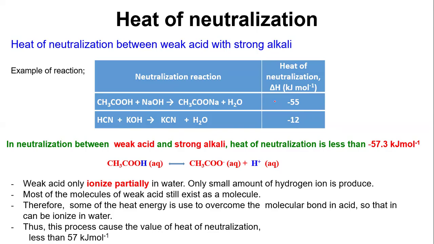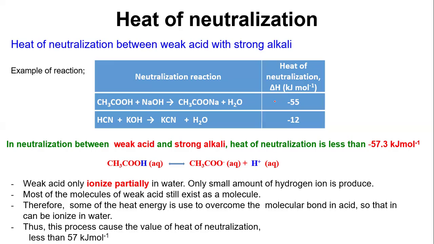Now, for the reaction to undergo complete reaction, it has to fully dissociate the weak acid. And that dissociation requires extra energy. And so the reaction absorbs extra energy before the product can be formed completely to release the energy. So the net energy becomes smaller. That is the idea.